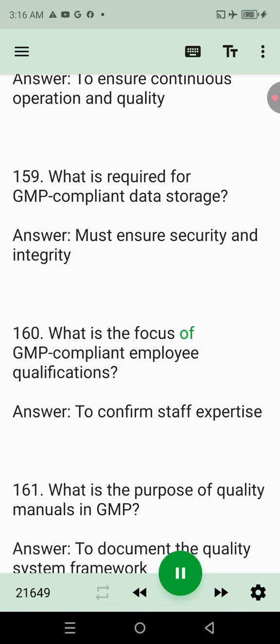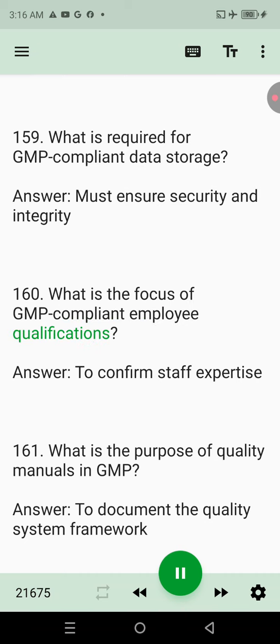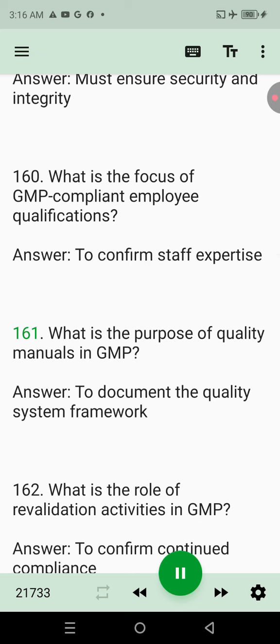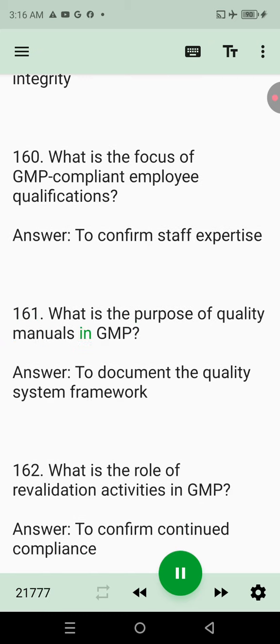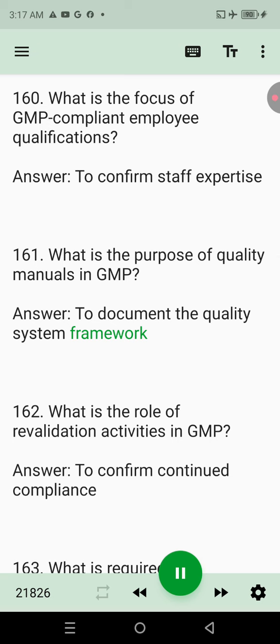What is the focus of GMP compliant employee qualifications? Answer: to confirm staff expertise. 161. What is the purpose of quality manuals in GMP? Answer: to document the quality system framework.